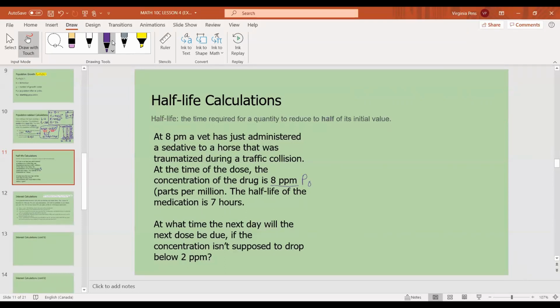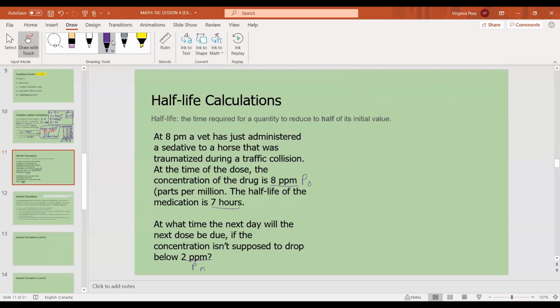The half-life of the medication is 7 hours, which means that every 7 hours the concentration will reduce by half. At what time the next day will the next dose be due if the concentration isn't supposed to drop below 2 parts per million? I think that this is the Pn value.